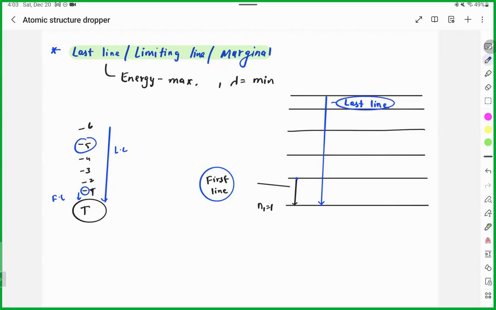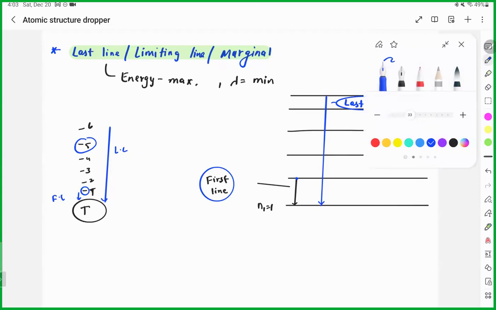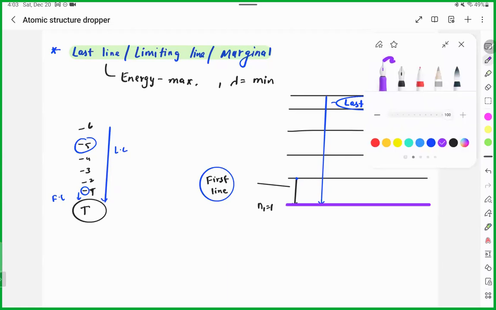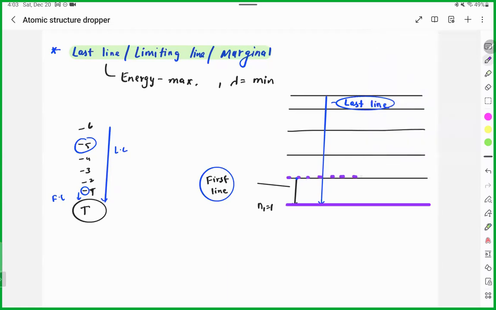If line comes from the first row, because we are talking about this. After this, what is the first row? Second one. This is the second. This is the first row. If line comes from the first row, first line. If line comes from the last row, last line.